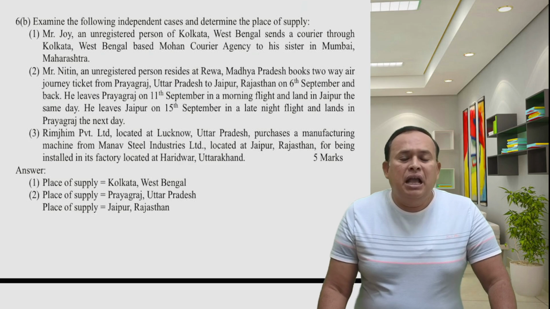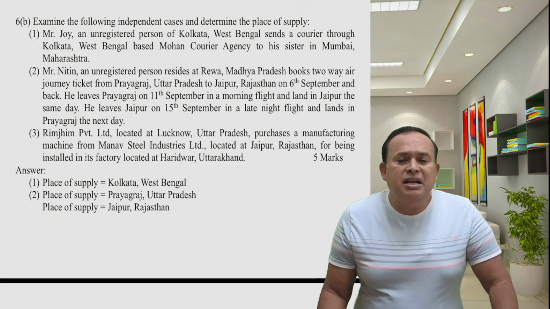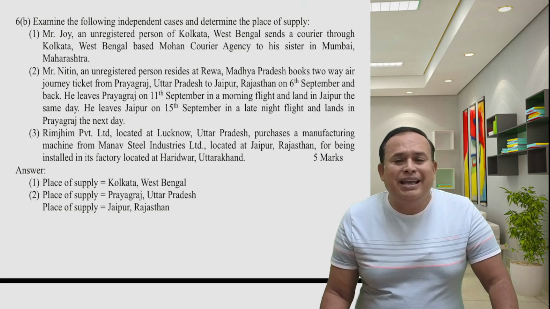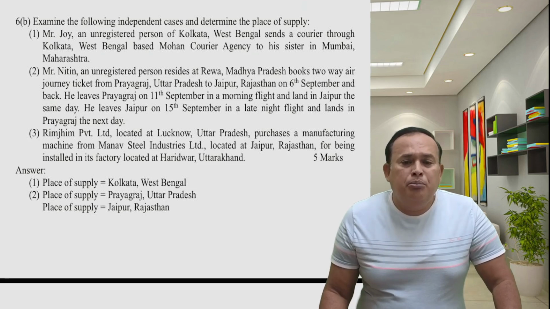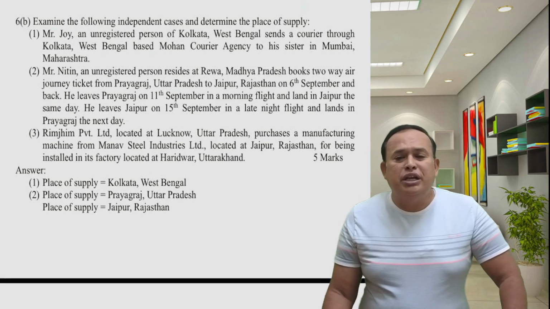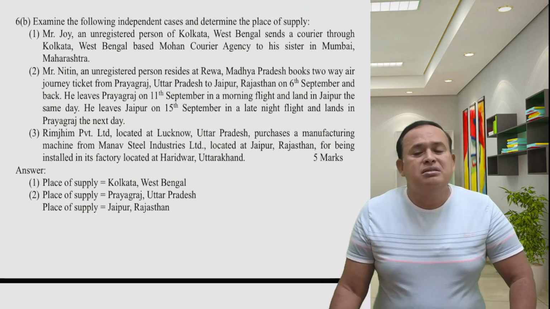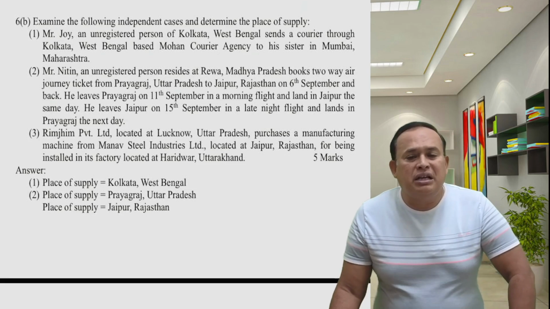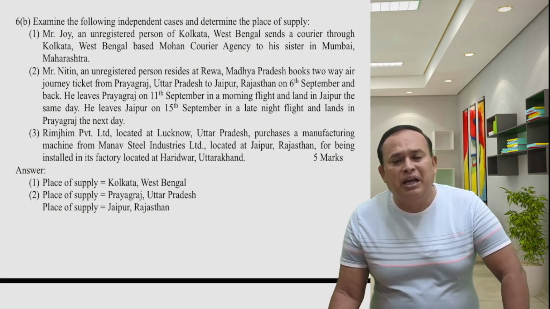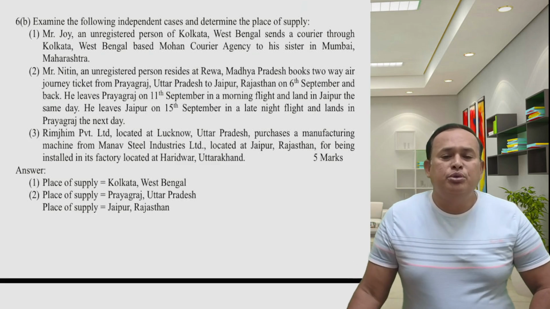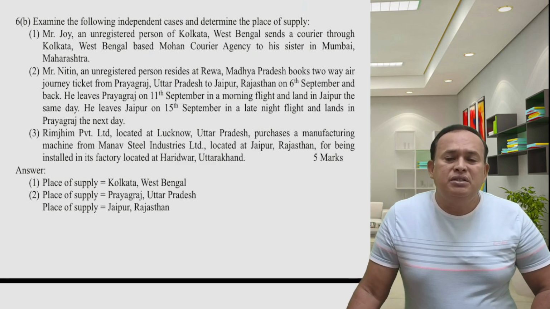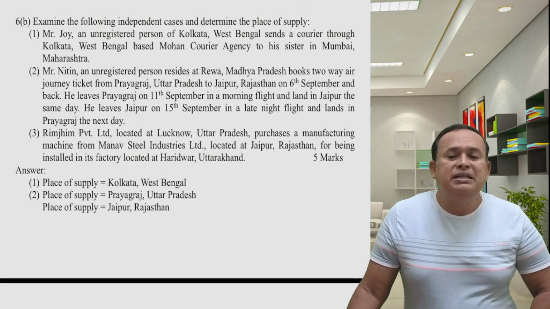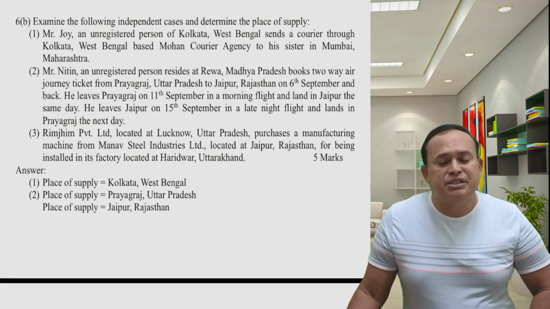Mr. Nitin, an unregistered person, resides at Rewa, Madhya Pradesh, books a two-way air journey ticket from Prayagraj, Uttar Pradesh to Jaipur, Rajasthan on 6th September and back. He leaves Prayagraj on 11th September in the morning flight and lands in Jaipur the same day. He leaves Jaipur on 15th September in a late night flight and lands in Prayagraj the next day.